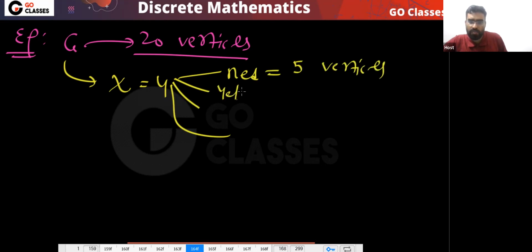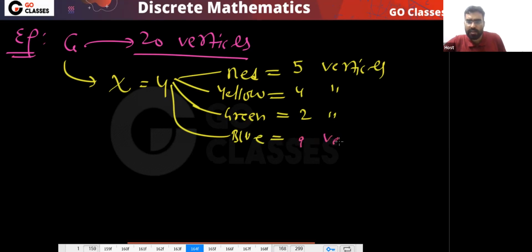Yellow: 4 vertices. Green: 2 vertices. And blue: how many are remaining? So 9 vertices. Now tell me, what is the maximum number of edges?